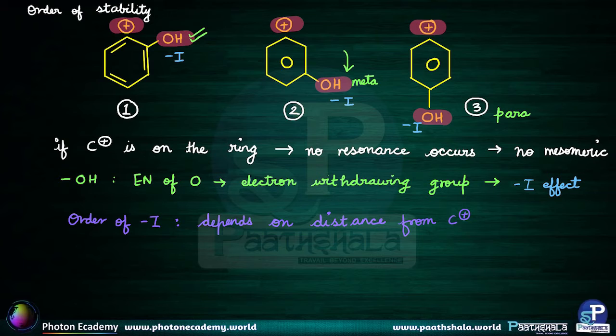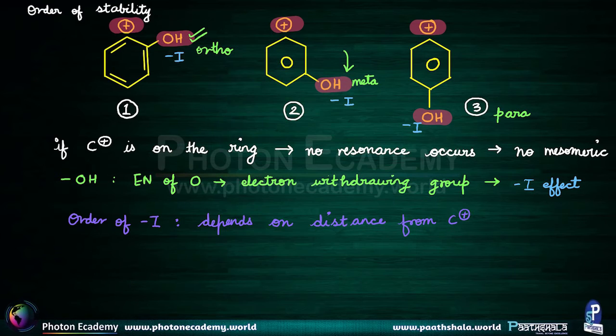Because it is at ortho in the first case, it shows the highest minus I effect there. So the minus I effect in the first one is greater than the second, which is greater than the third.